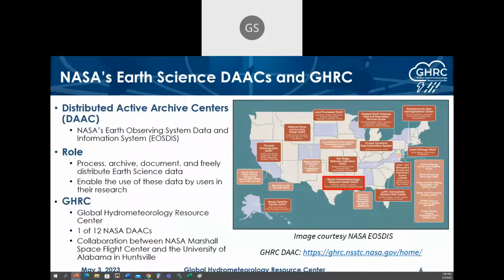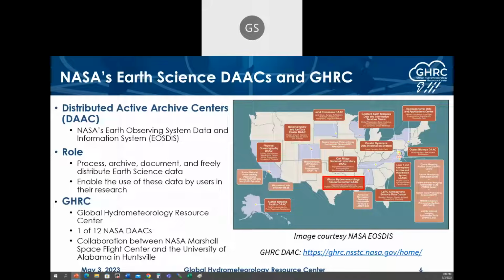So let's talk a little bit more about the Distributed Active Archive Centers, or DAACs, and specifically the Global Hydrometeorology Resource Center, or GHRC. The DAACs are part of NASA's Earth Observing System Data and Information System, or EOSDIS. There are 12 of us across the country, and overall, the role of the DAACs is to process, archive, document, and make sure that the data that we archive is freely available to the user community.